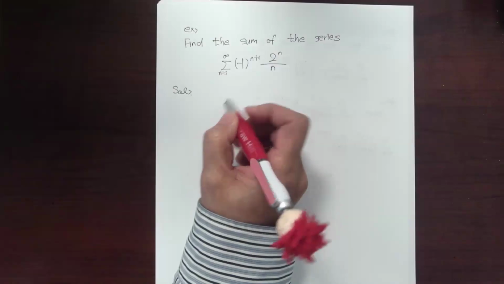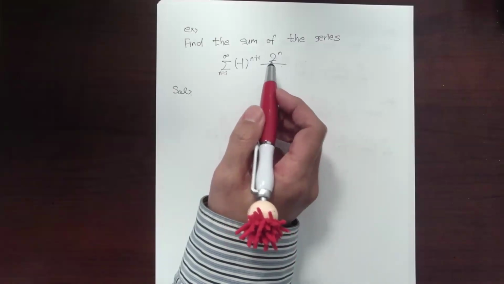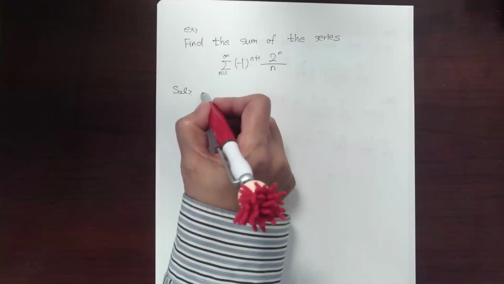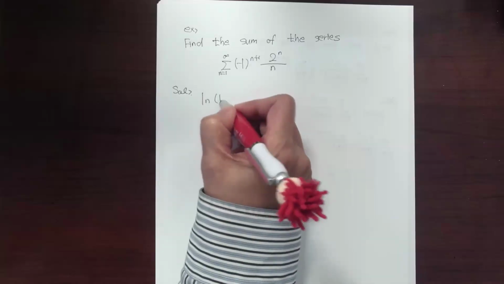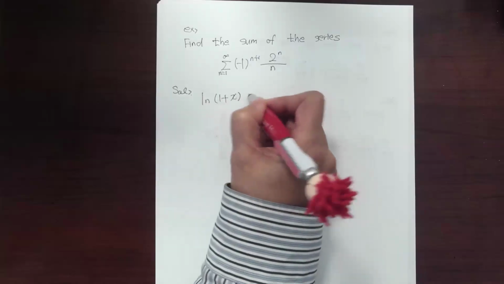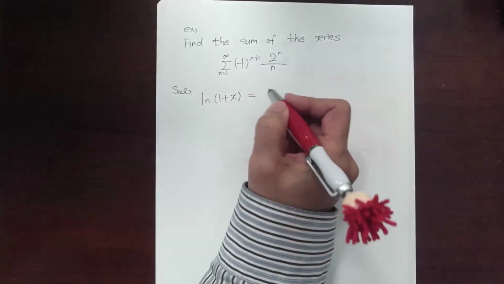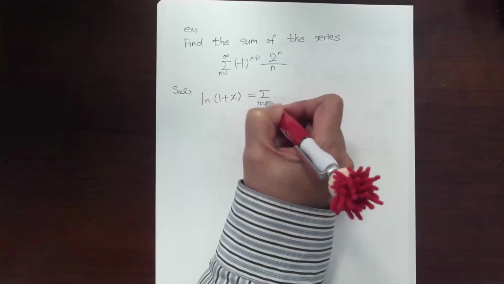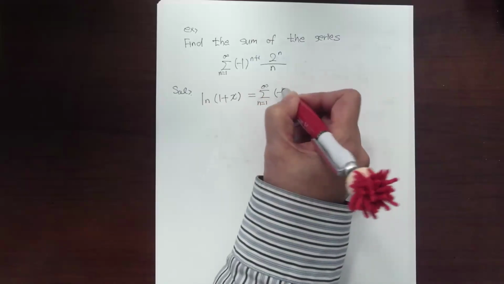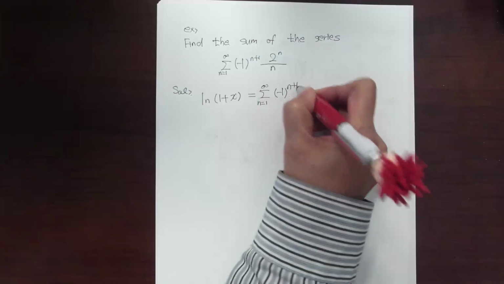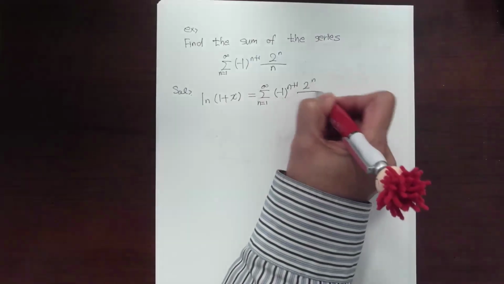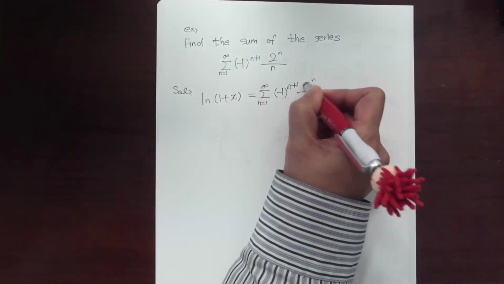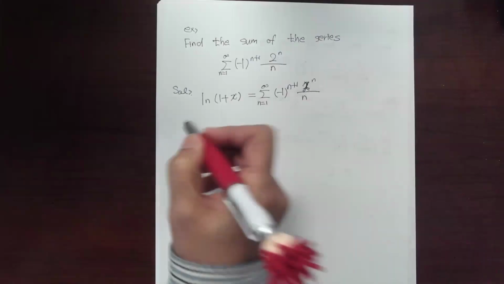In this case, if you replace 2 by x, then that's the natural log function's Maclaurin series expansion. Natural log of 1 plus x is summation n equals 1 to infinity -1 to the n plus 1 times x to the n power over n.